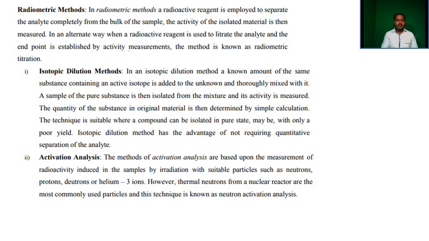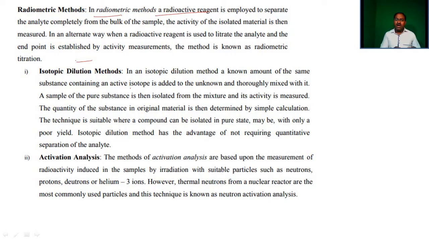Now the radiometric methods. In the radiometric method, a radioactive reagent is employed to separate the analyte completely from the bulk of the sample. The activity of the isolated material is then measured.